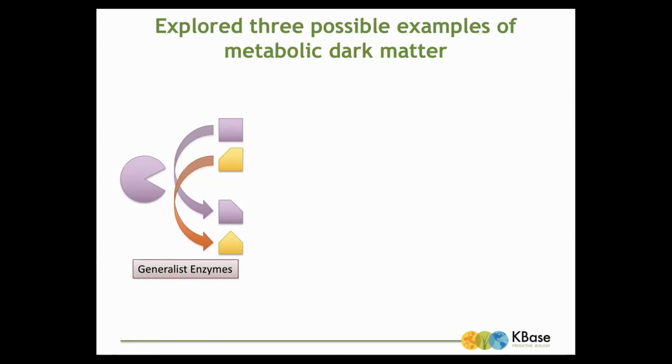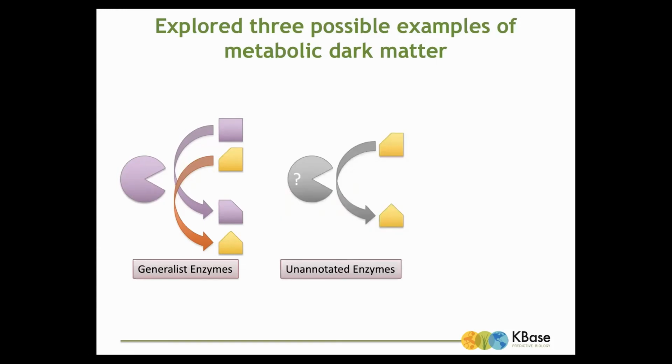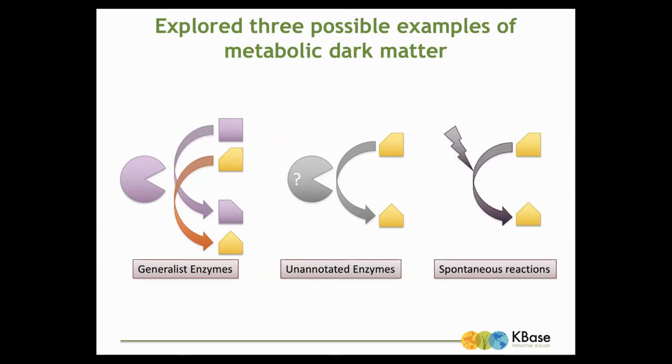When you have an annotation of an enzyme, it might do that activity, but it might also do something similar to that activity. You have an unannotated enzyme, so it could just be chemical mechanisms that we have not discovered yet, and there's going to be a lot of those. Or spontaneous reactions. So don't forget, this is chemistry. Chemistry happens whether biology is there to make it happen faster or not.